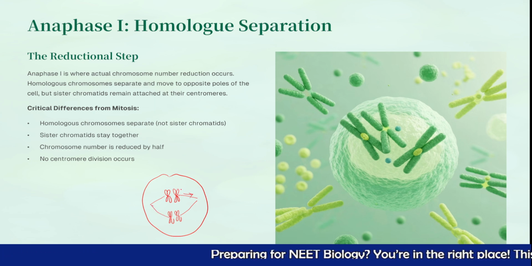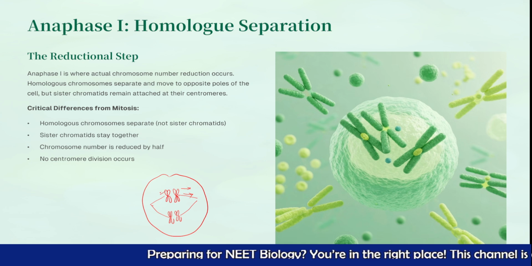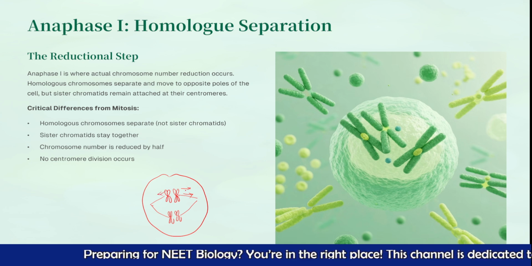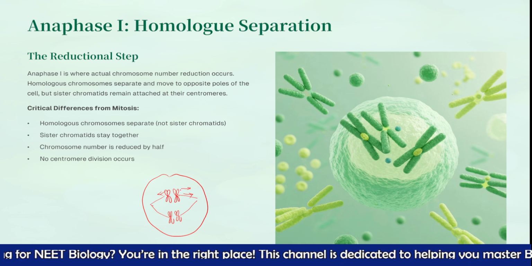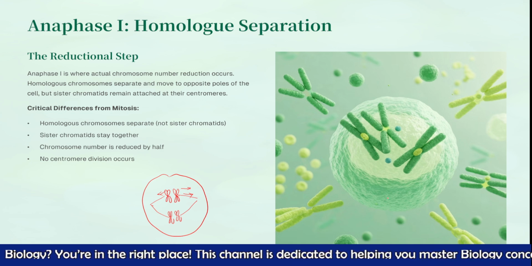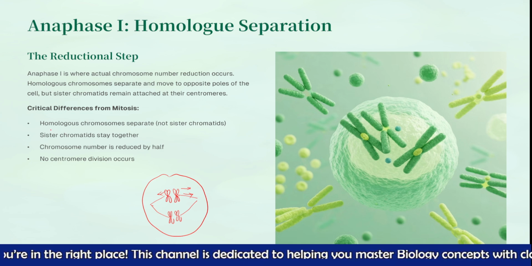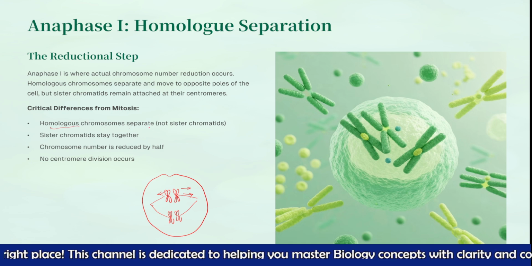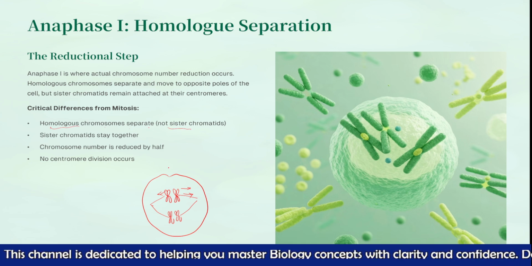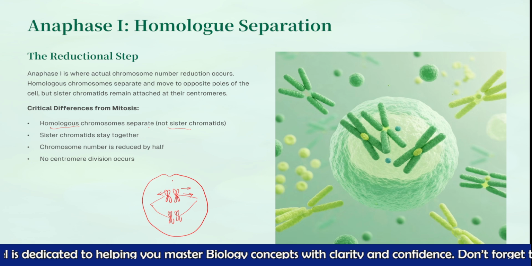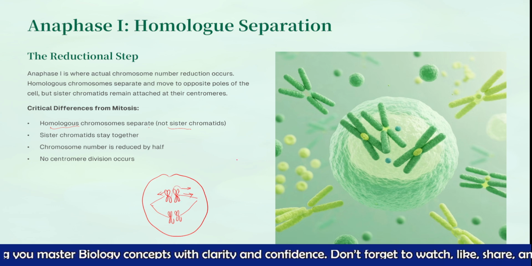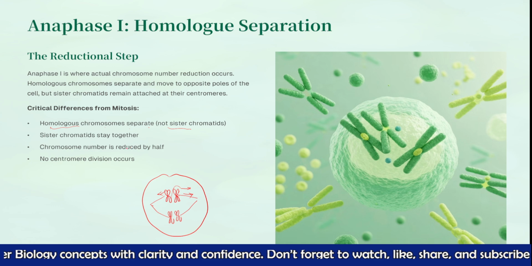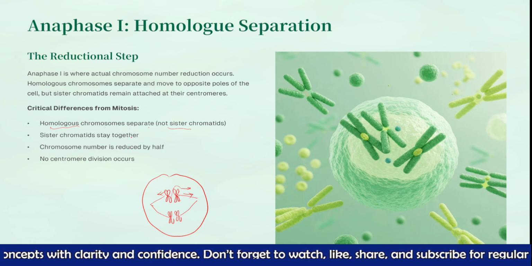So only the homologous chromosome separation is taking place. There is no separation of the chromatids. Paired chromosomes separate. That's what happens here in the anaphase stage. So homologous chromosomes separate, not the sister chromatids. Only the whole chromosomes go to the opposite poles. The sister chromatids stay together.